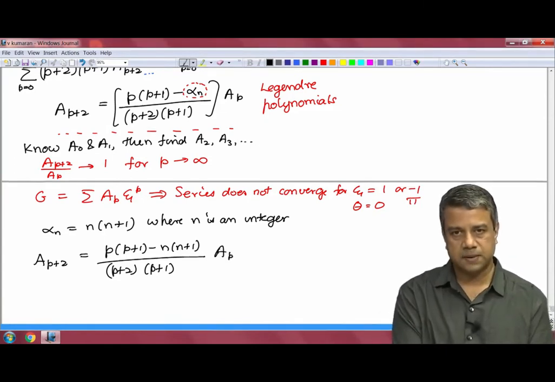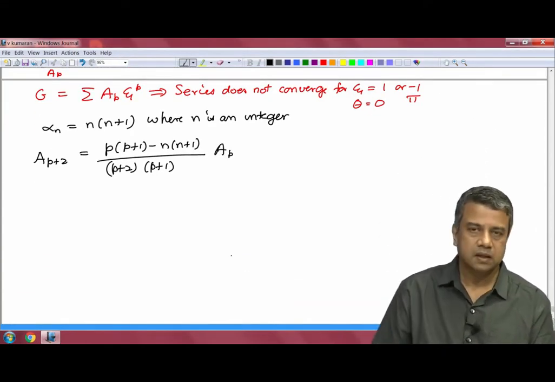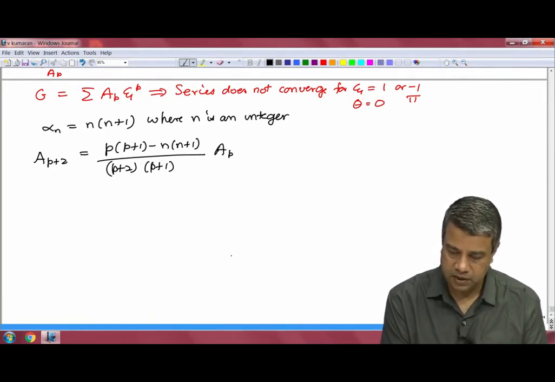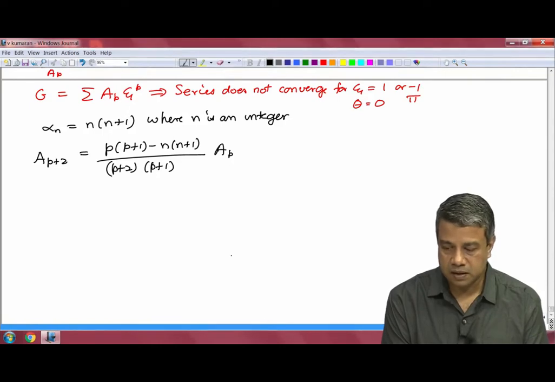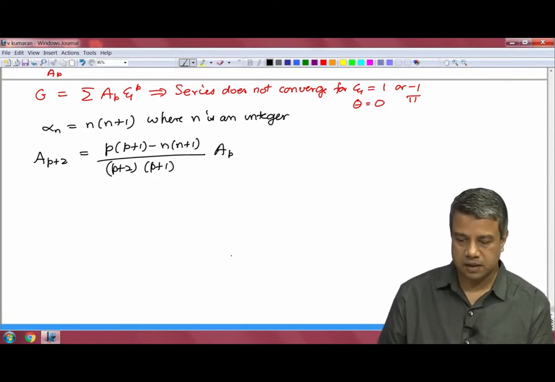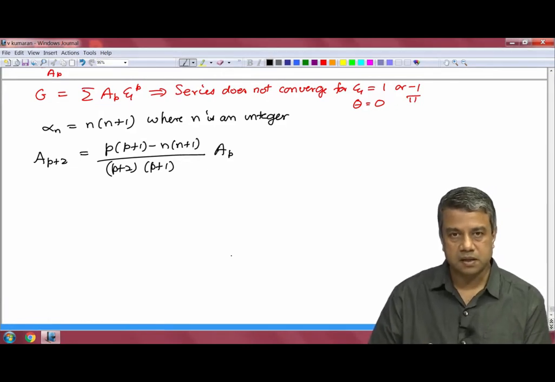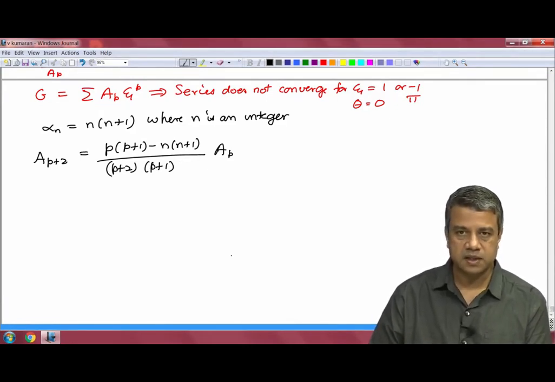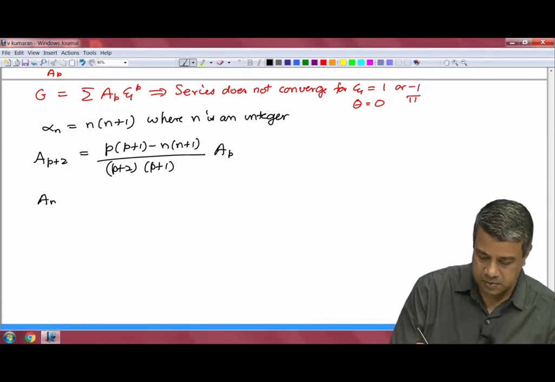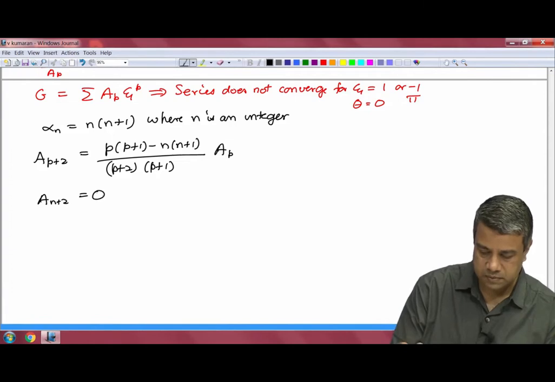That is the coefficient, which means that when p is equal to n, the numerator is equal to 0, which means that a n plus 2 is equal to 0.